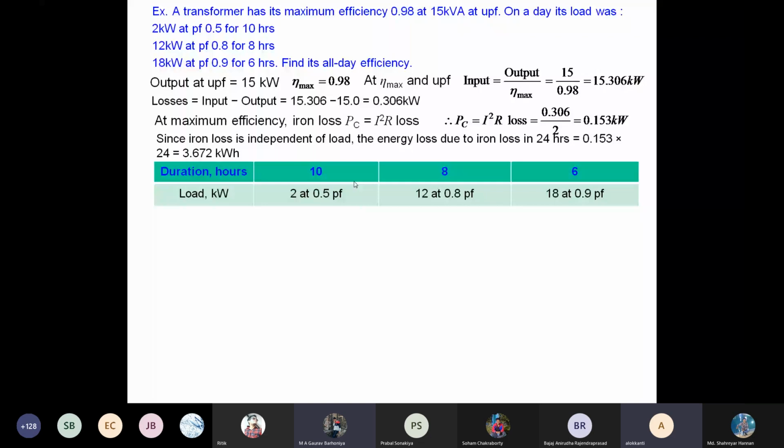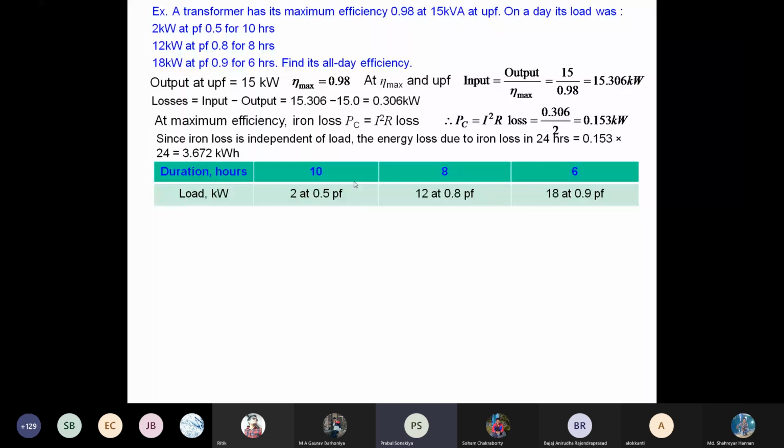As Soham told, 2 kilowatt for 10 hours is the output power you are getting. 12 kilowatt for 8 hours is also the output energy you are getting. Sir, in all these cases, we will have to find different copper losses, right?